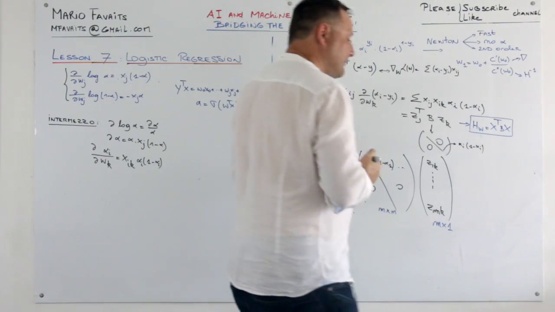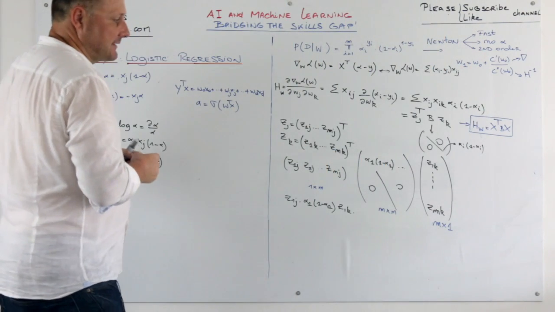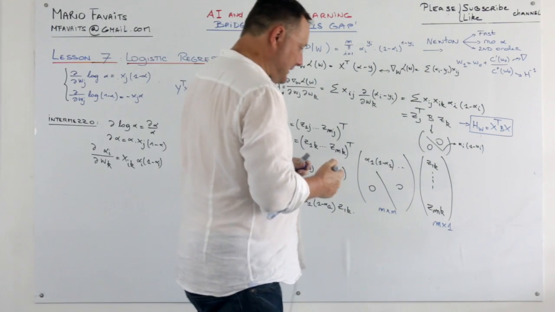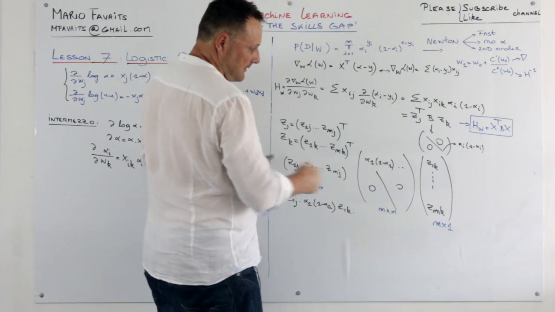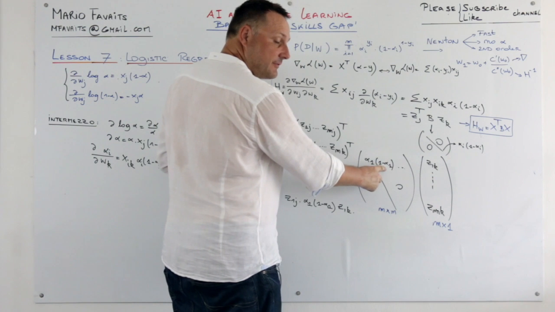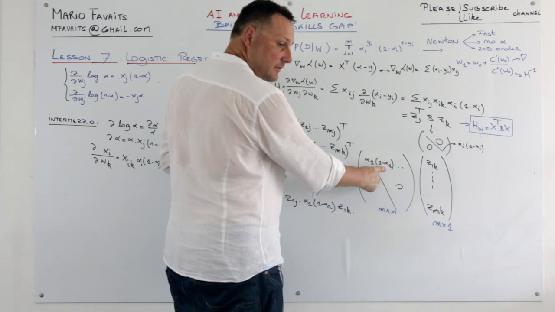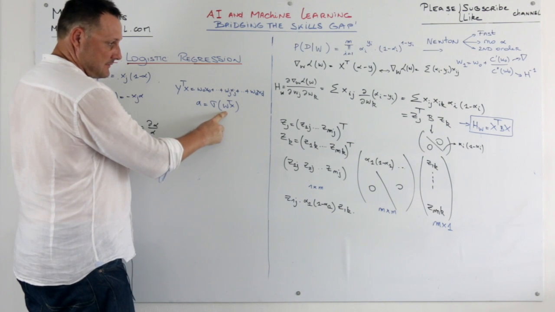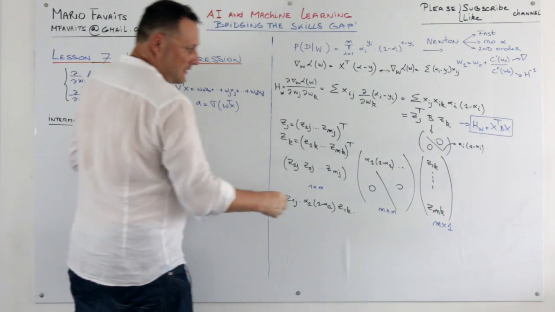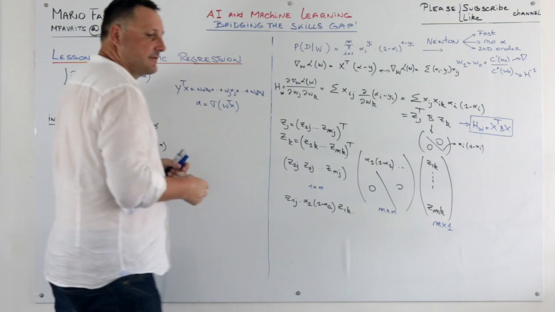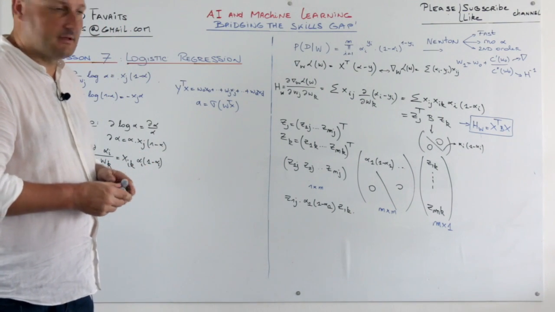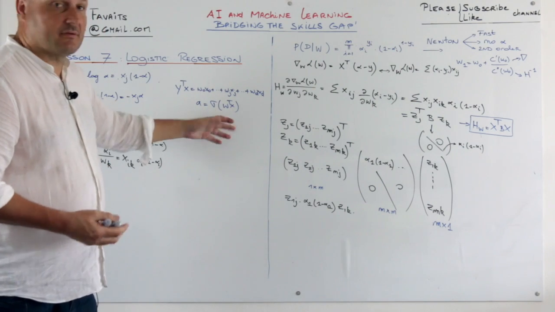I replace the z by x's. So the nice thing here is that alpha is always smaller than 1, right? Because alpha is the sigmoid. So all the elements of this matrix will be positive, because the sigmoid is positive.